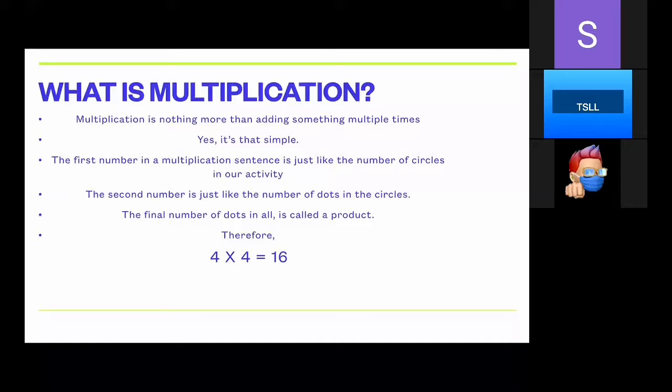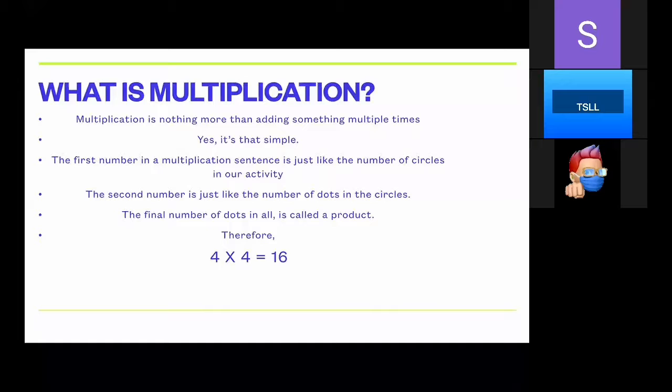So here are the parts of a multiplication sentence. The multiplication sentence is at the bottom of the slide. You can see it, 4 times 4 equals 16. So we'll talk about that in a while. The first number in a multiplication sentence is called the multiplicand. The multiplicand is like the number of circles in our activity. The second number is called the multiplier. The multiplier is just like the number of dots in each of the circles.